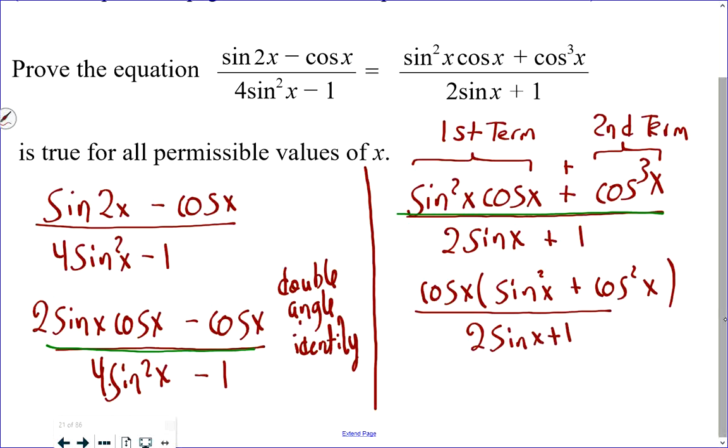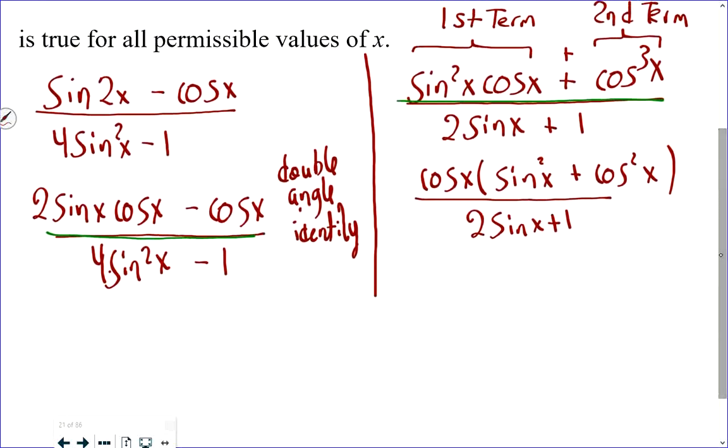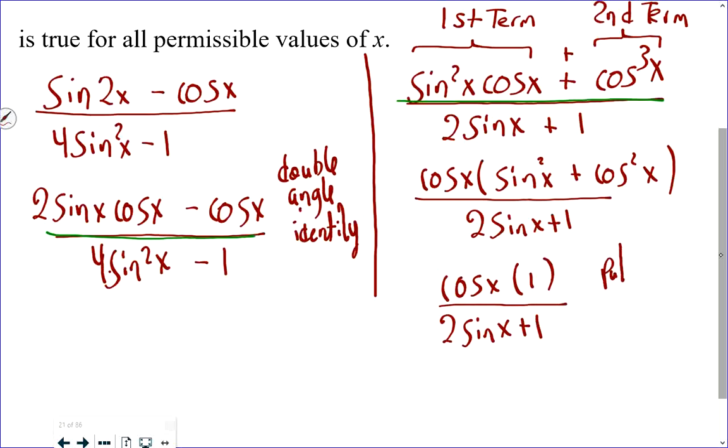Well, we're so close there on the right-hand side to the end of the road, it turns out, that I'm just going to write cosine of x times 1 over 2 sine x plus 1 because of a Pythagorean identity. Again, I'm abbreviating just to save a few seconds here and there, but on an exam you would not abbreviate.